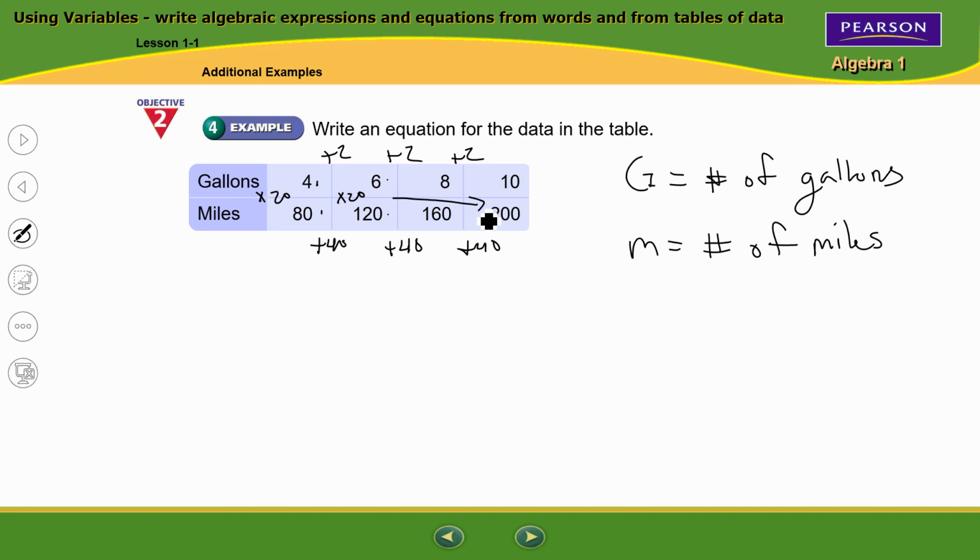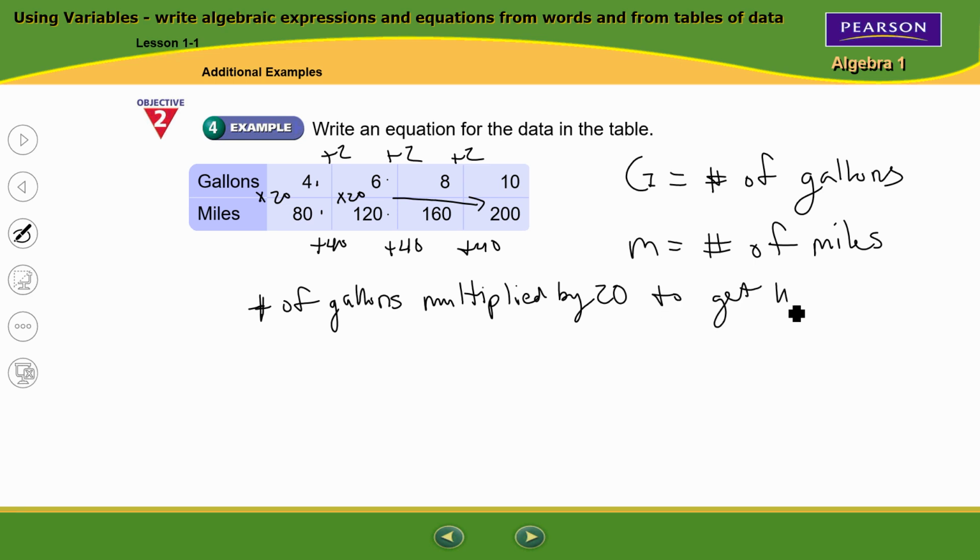So we're taking the number of gallons, multiplied by 20, to get number of miles.